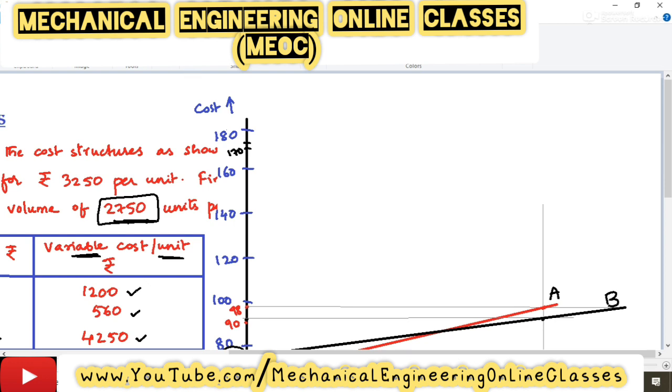So we draw a horizontal line from that point to meet the vertical line drawn from 2750.